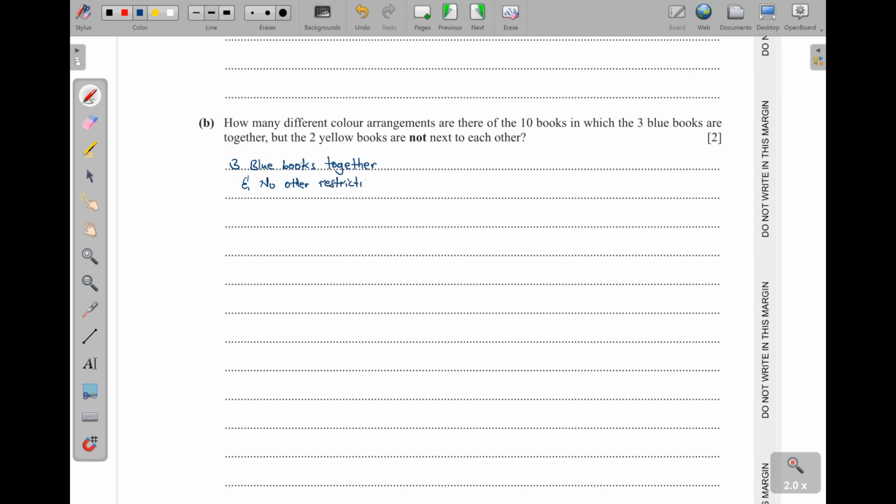Now this is going to be the sample space from which I'm picking. Okay, so we have 1 2 3 4 5 6 7 8 9 10. The 3 books are all together, so this is one group.